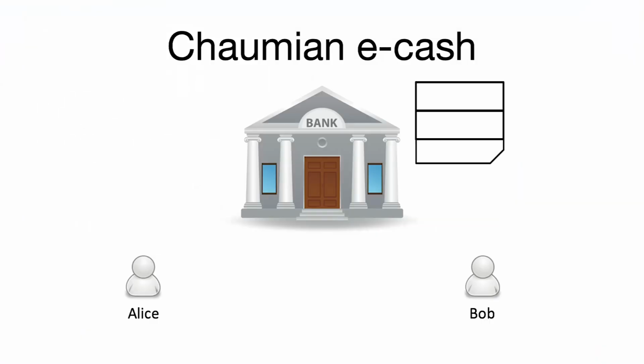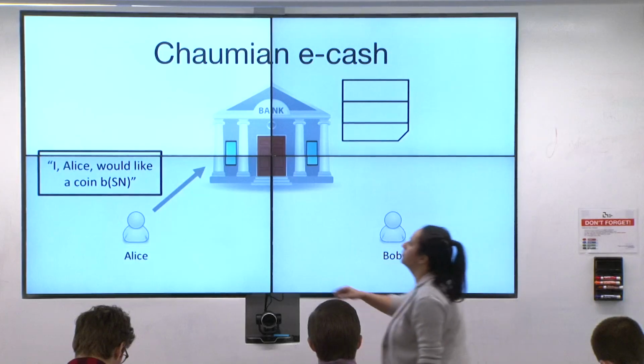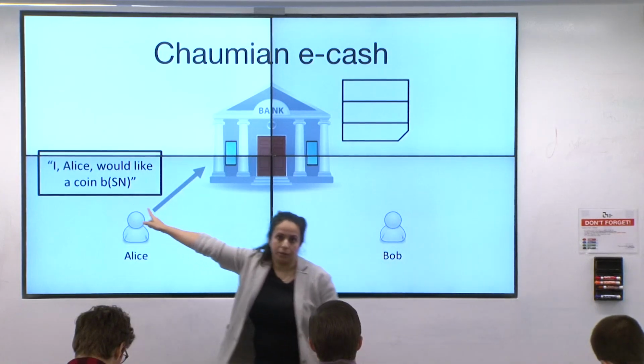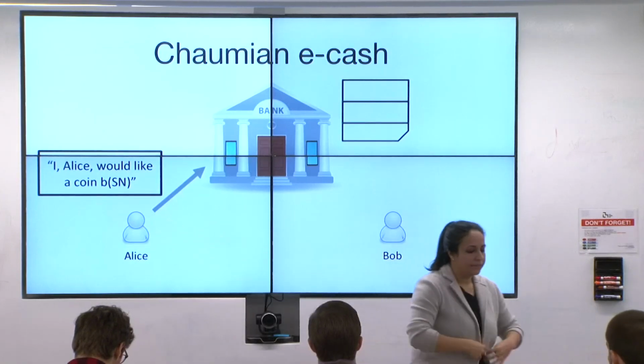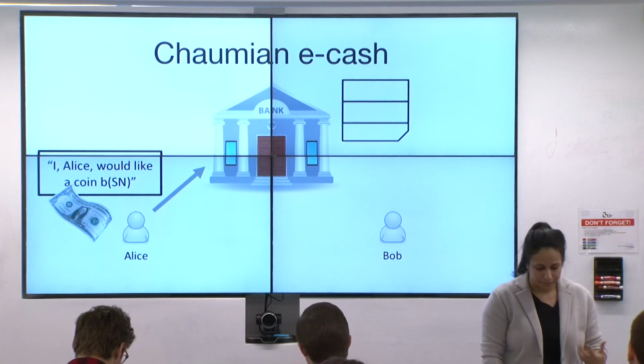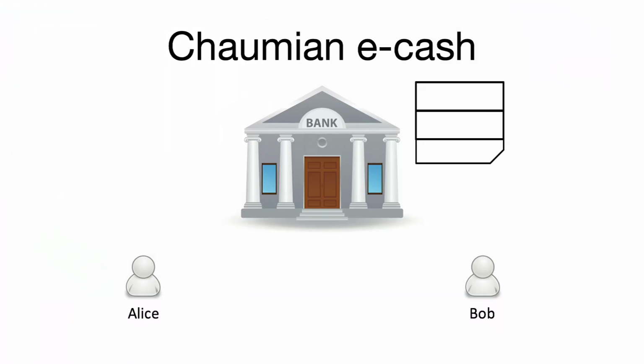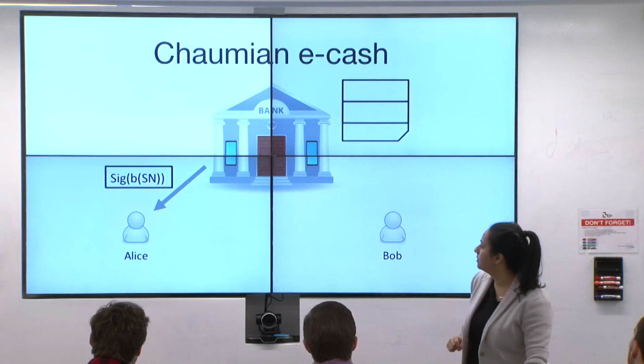Just to get into how this works visually, Alice will talk to the bank, and Alice will use a blinding factor on the secret number. So when Alice talks to the bank, it doesn't actually see what the secret number is. They can't decode it. Again, Alice gives $1 or something like that to get this coin from the bank, and the bank signs this.